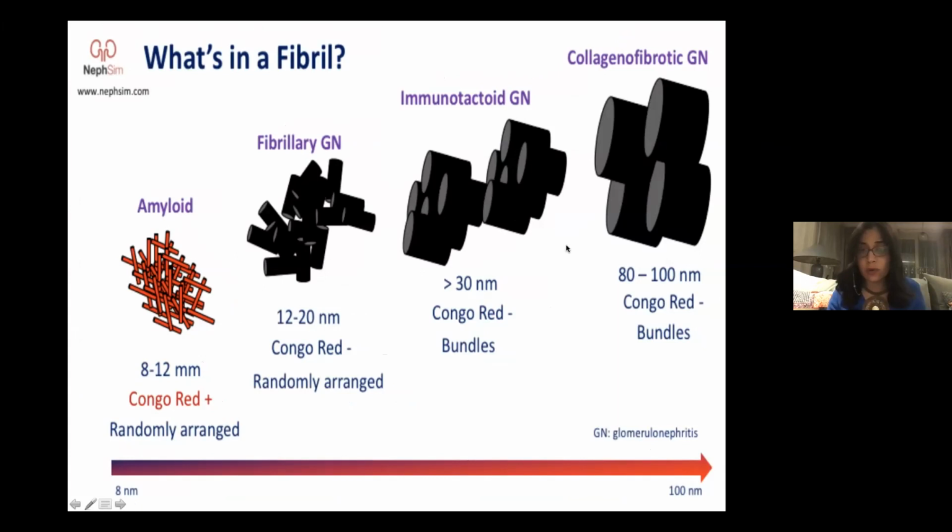And the other very known fibrils are fibrillary glomerulonephritis and immunotactoid glomerulonephritis. If you get into very large fibrils, like from 80 to 100 nanometers, then we can have a very rare entity known as collagenofibrotic GN. These are some of the names which are known.